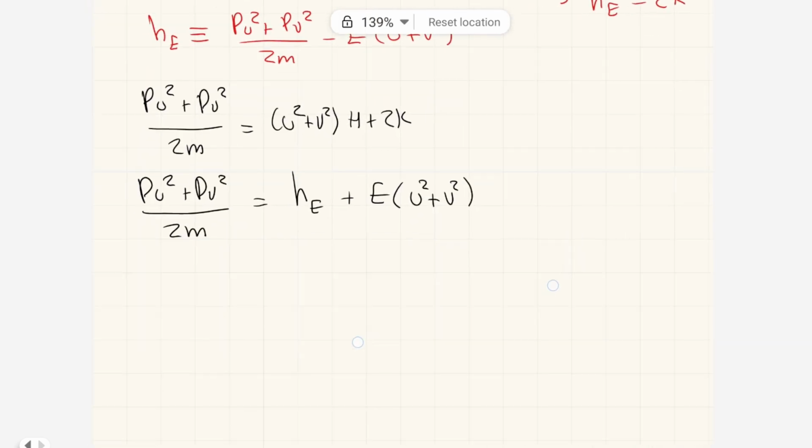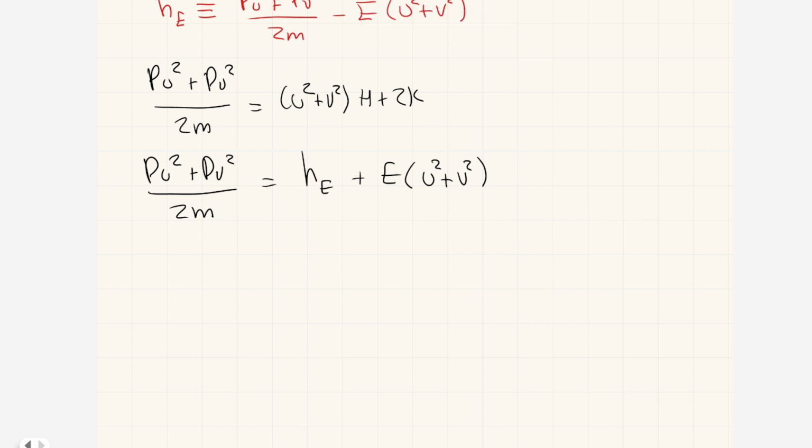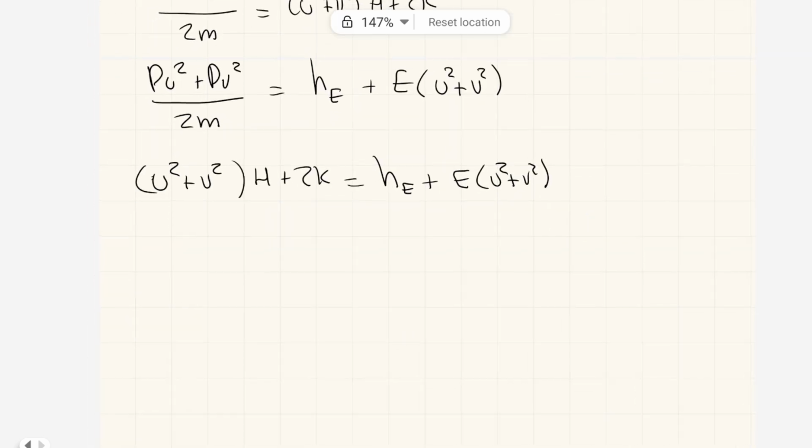So if we equate the right-hand sides of these equations, we will get that (u² + b²)(h + 2k) is equal to he + e(u² + b²).